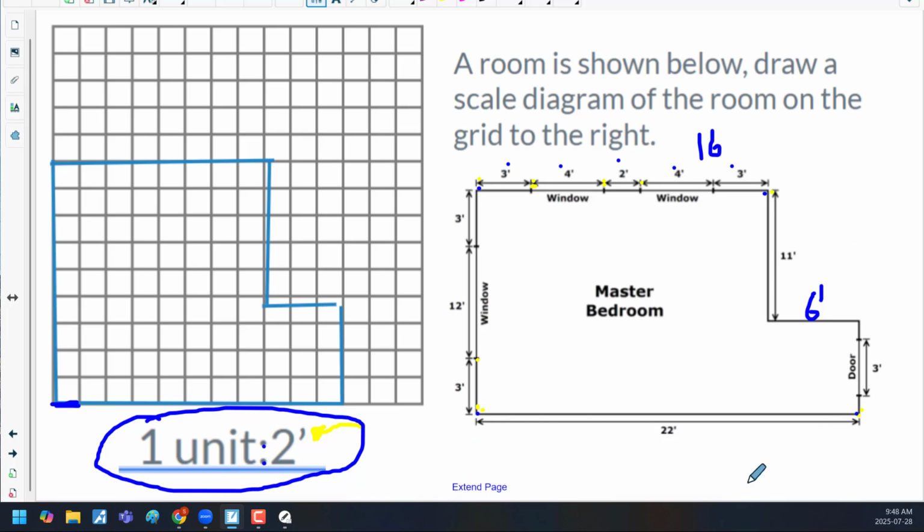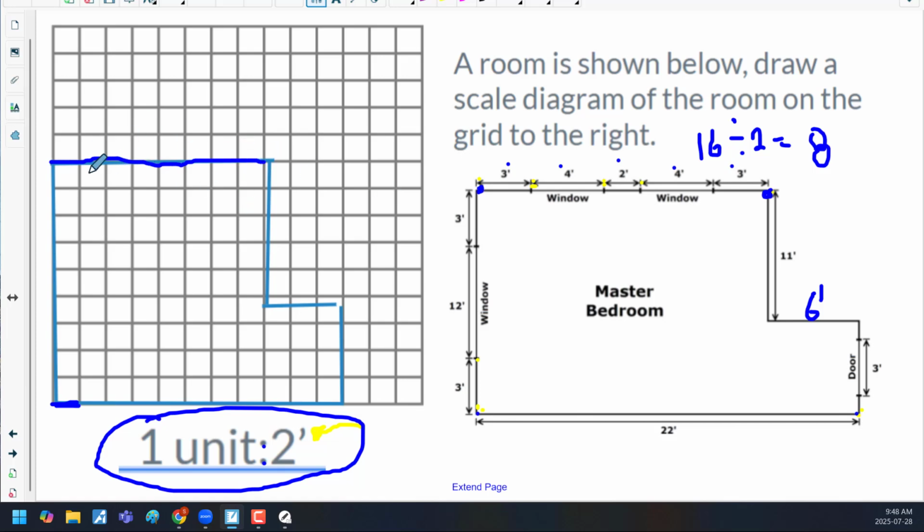So we're going to divide all of these numbers by 2. Sorry, we just have to do each section. So from here to here, 16 divided by 2 is what? 8. So our top section here should be 1, 2, 3, 4, 5, 6, 7, 8.